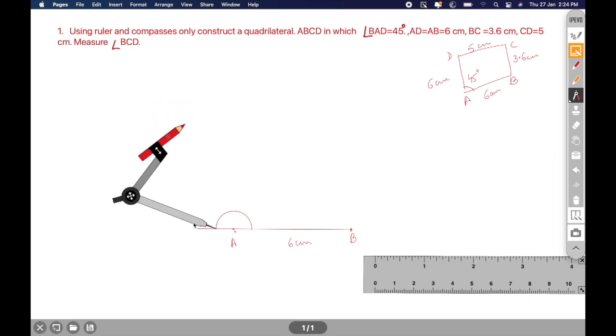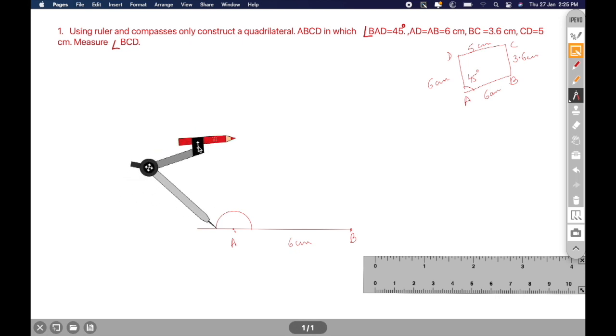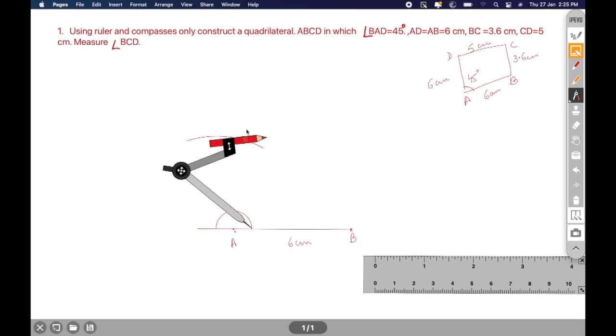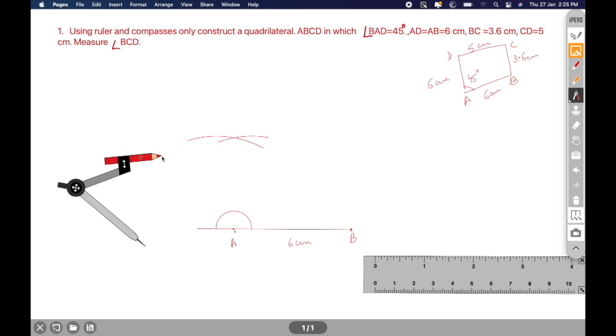With this point as the center and a bigger radius, we'll draw an arc above the line segment AB. With this other point in the line segment AB as the center and same radius, we draw another arc to intersect the previous arc at a point, suppose Q. Now let us join AQ with the help of a ruler to obtain 90 degrees at the point A.